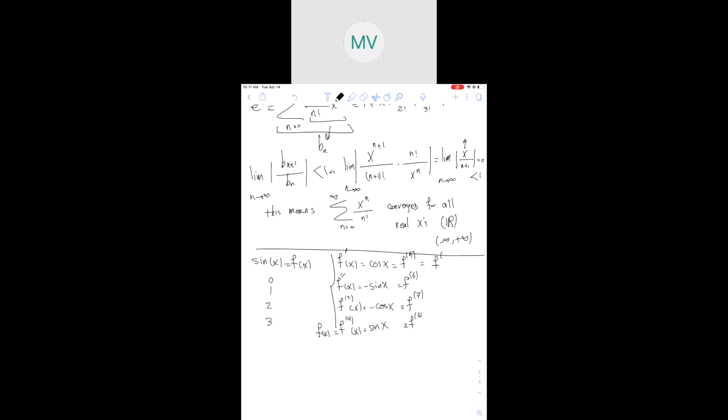For that reason, that number can be represented as 4k, 4k plus 1, 4k plus 2, 4k plus 3. Okay? So any natural number can be written as one of these. So the first one is the 4k plus 1 derivative of f of x. The next one is the 4k plus 2 form of derivative.